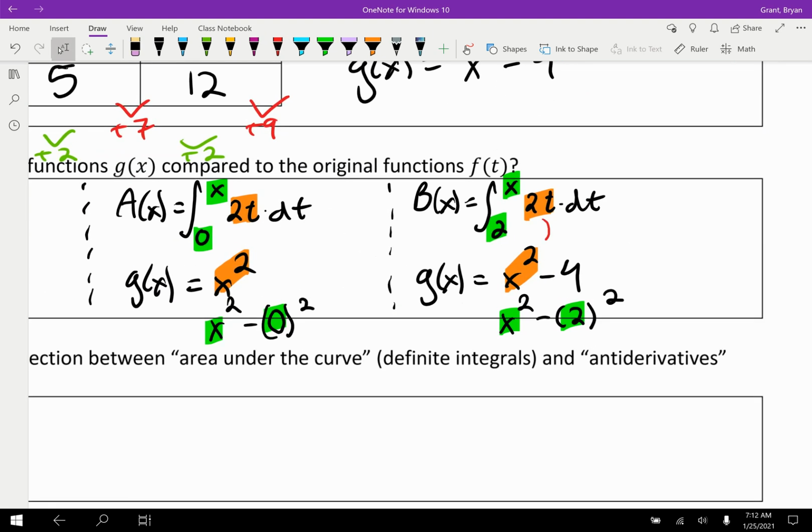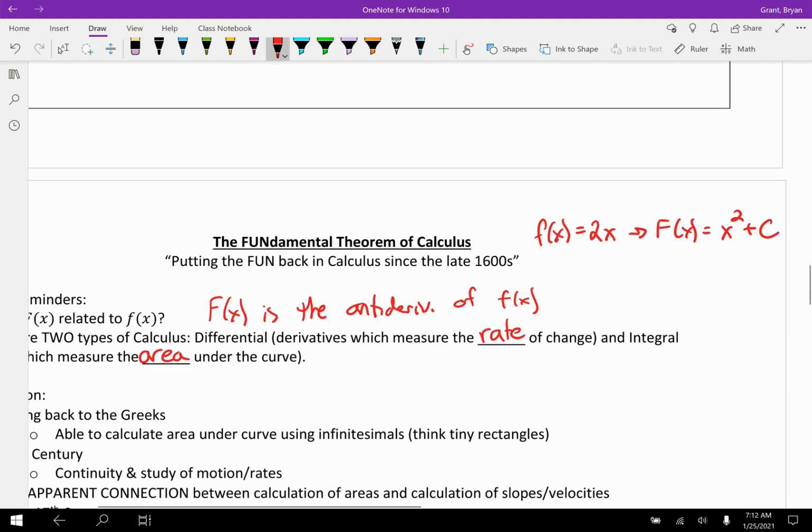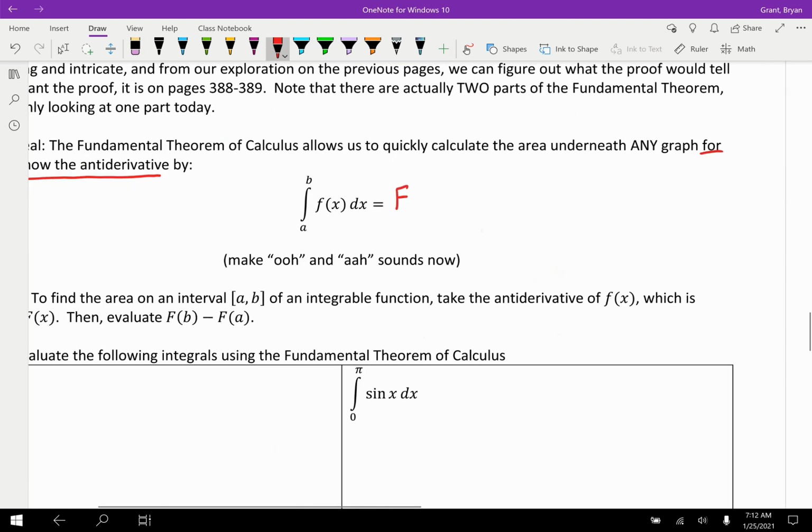Isn't the antiderivative of 2t, ignoring the variable, isn't the antiderivative of, let's call it 2x, x squared? And then what did we do once we found the antiderivative? Didn't we substitute in the upper limit of integration and the lower limit of integration into x squared and just subtract them? And that is actually the first part of our fundamental theorem of calculus.